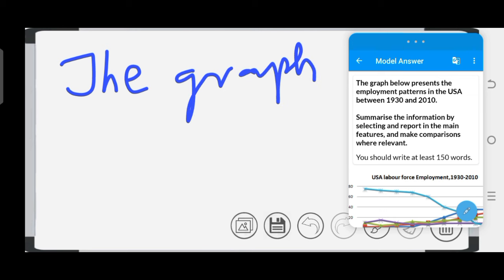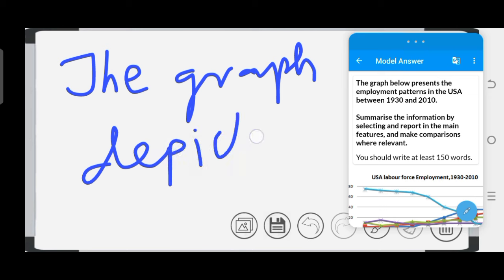Depicts also means presents, or the graph represents, or the graph shows that. And after that, the sentence can continue with different employment patterns. So you can say different employment styles or different employment percentages in the USA between the years 1930 and 2010.